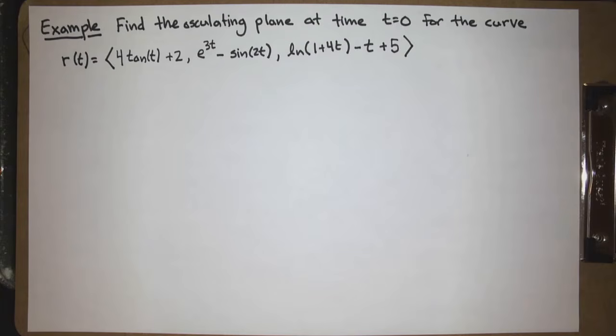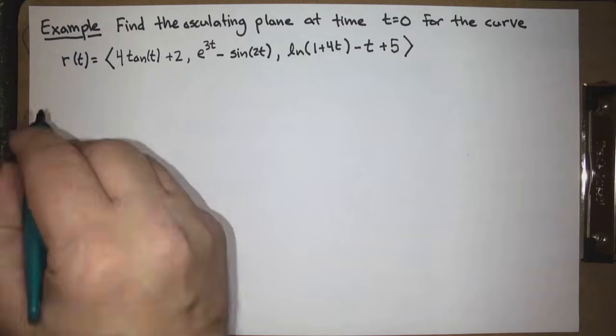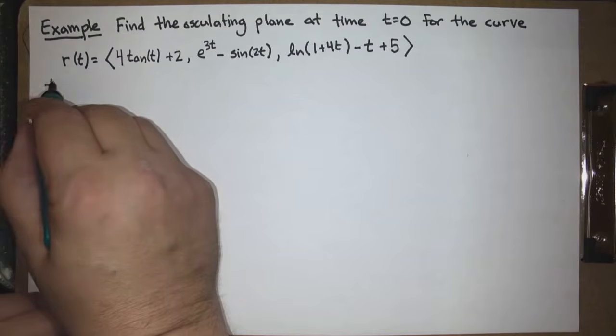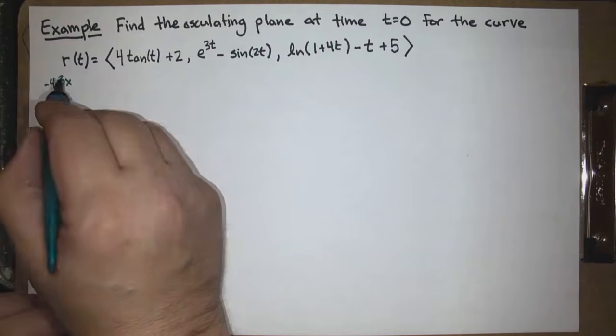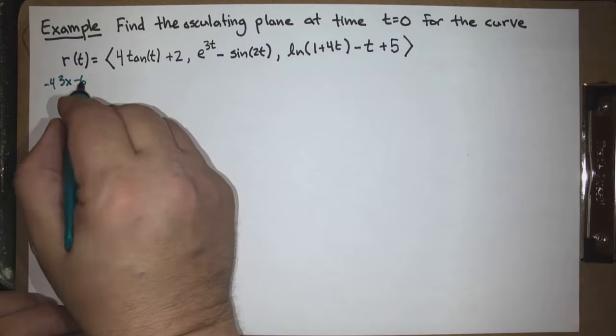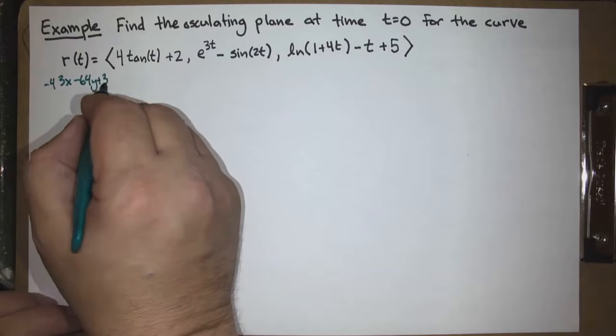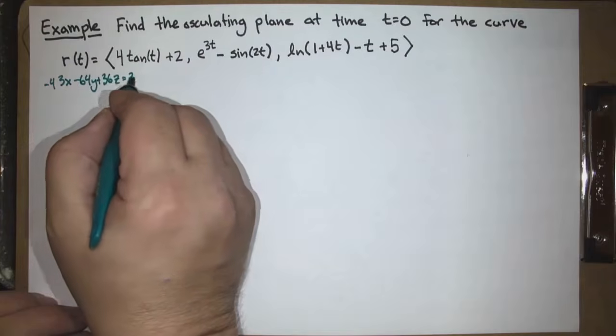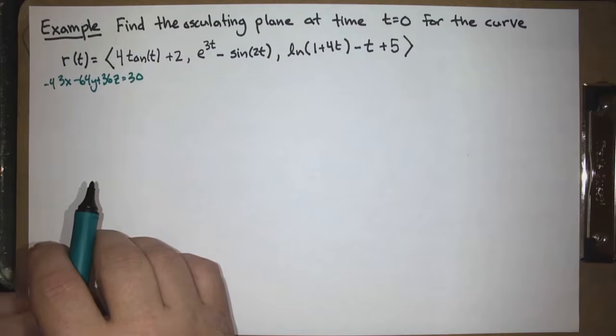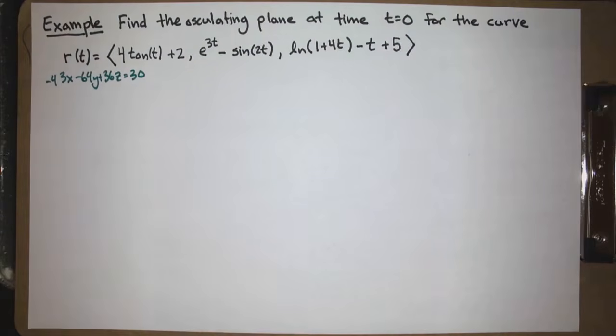Do we have an answer? If you got to a cross product... negative 43x minus 64y plus 36z equals 30. Well, maybe. Should we find out? Okay, all right.